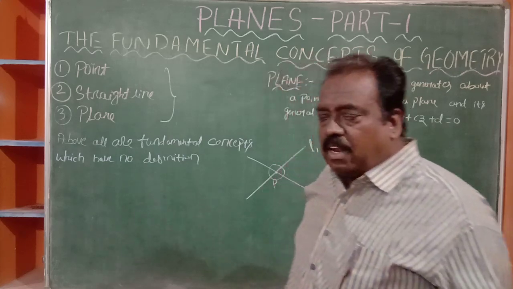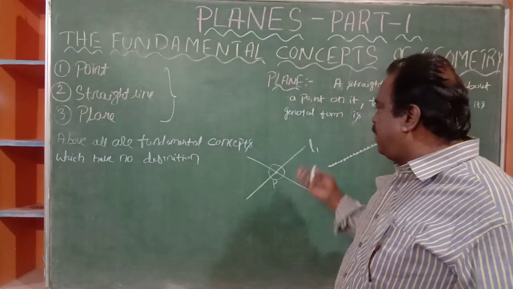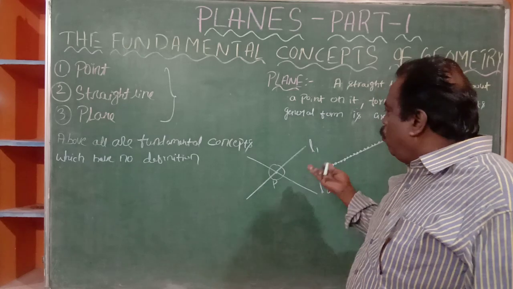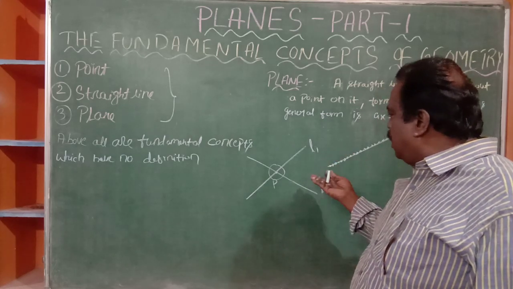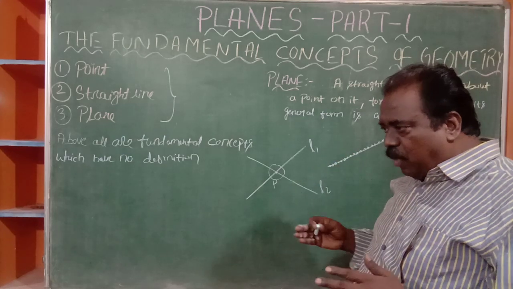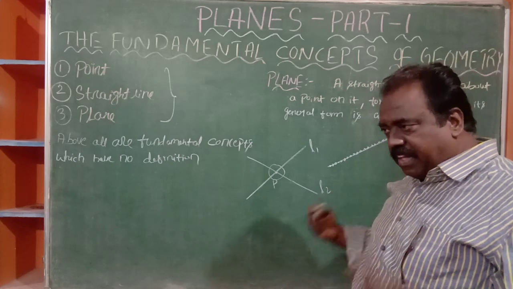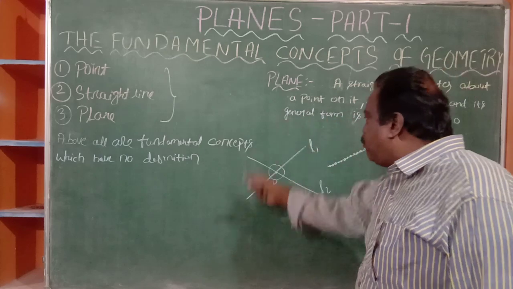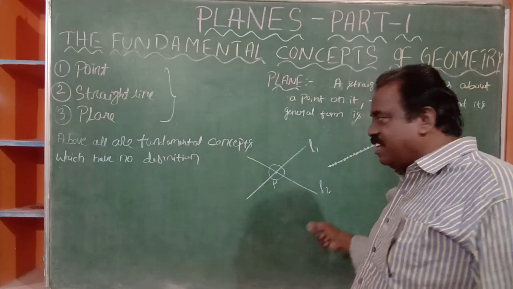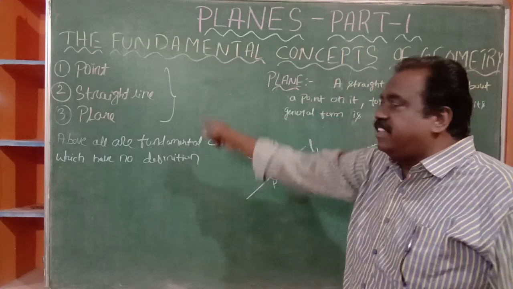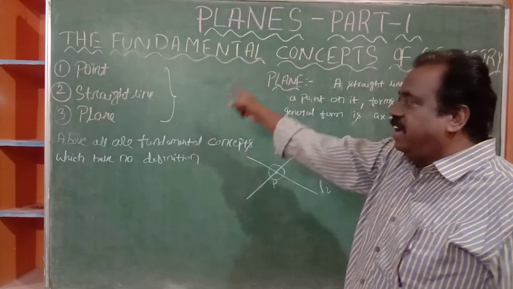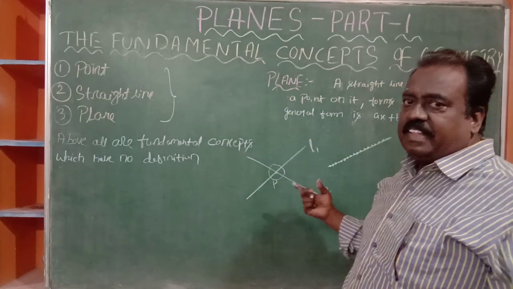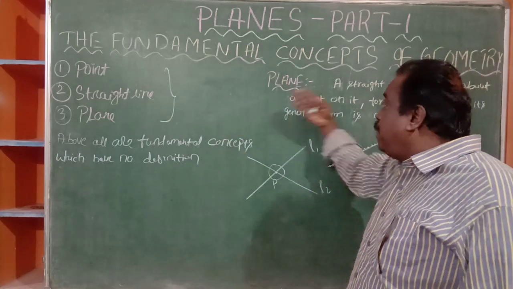You see here how the plane is connected to these two. If you want to draw, express or explain the point or straight line, we need a plane. Isn't that so? All these things are on the blackboard, on the board itself. That means we need a plane.